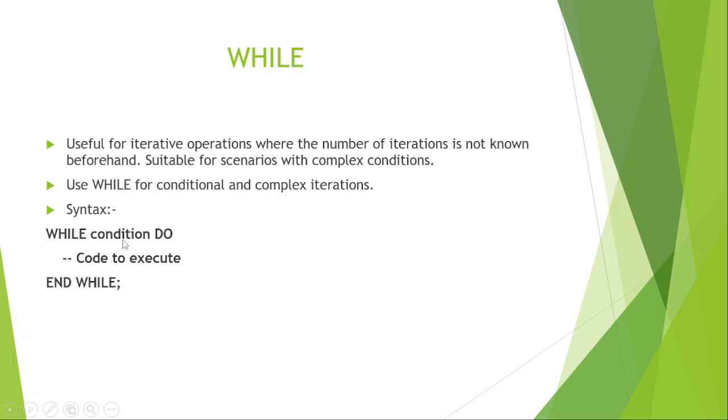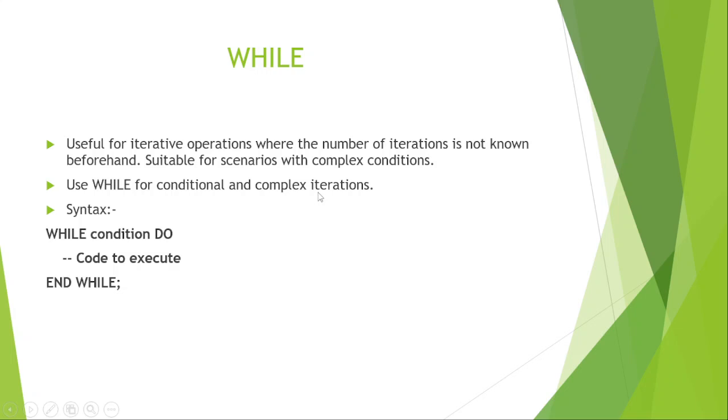If the condition is satisfied, then we do the coding, and after that we loop again. It is useful for iterative operations where the number of iterations is not known beforehand, and suitable for scenarios with complex conditions. So if you want to do some complex transformation, then we use the while loop.